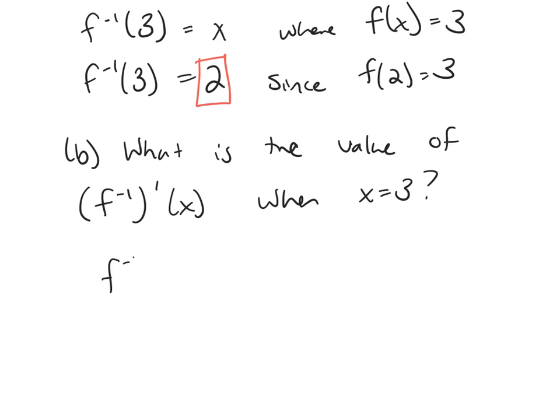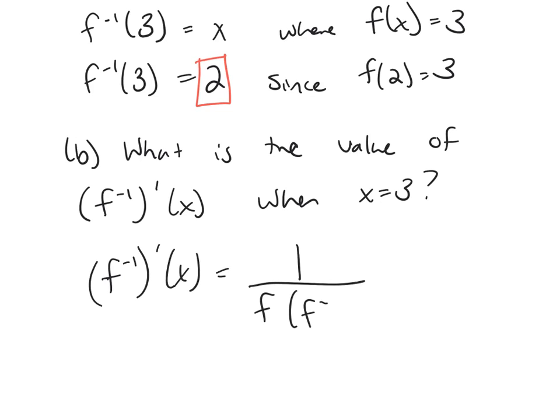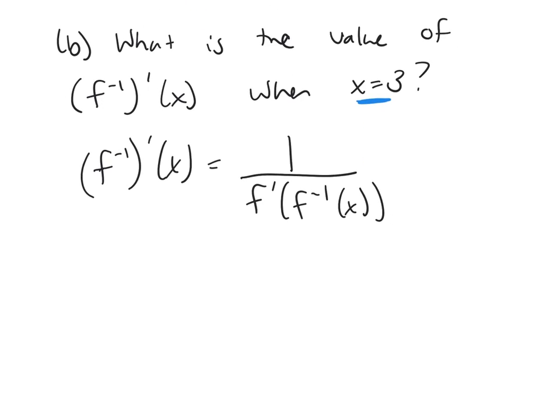So we have our formula from the last video. The formula says this is 1 over f prime, f inverse of x. But now I want to plug in, they told me x equals 3. So let's plug that in here into our formula.